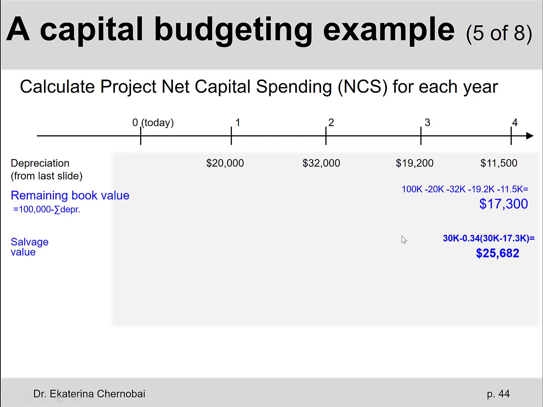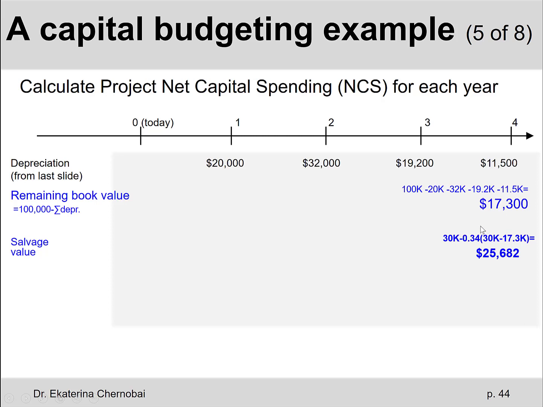So what's happening in this problem is something that is going to be worth $17,300 is estimated to sell for significantly more money, $30,000.